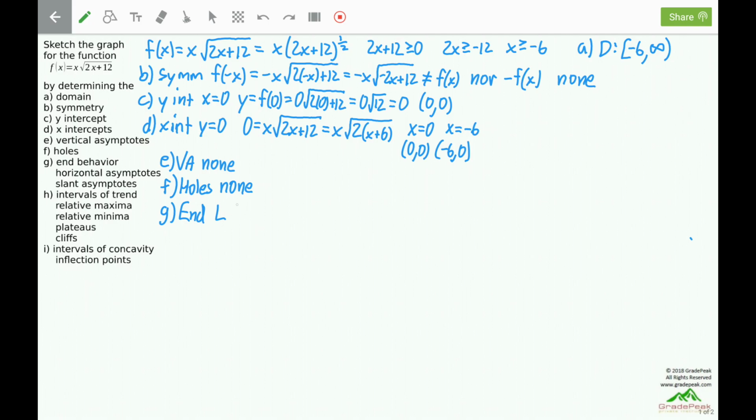So for the left end, there will be an endpoint that has an x-coordinate of negative 6 and a corresponding y-coordinate that can be found by plugging the x-coordinate back into the original function.